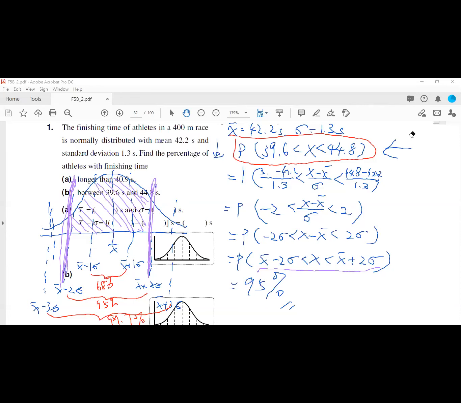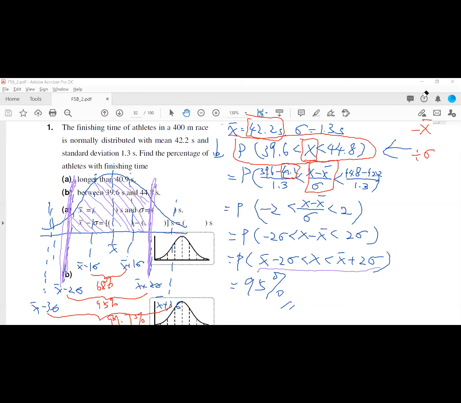Okay, and then for the second line, it is always do these two steps. It's always minus x bar and then divided by sigma. Okay, but for the symbols, we just write the symbols. And then for the numbers, we use the numbers. Minus 42.2. 42.2 is the x bar. Can you see this?